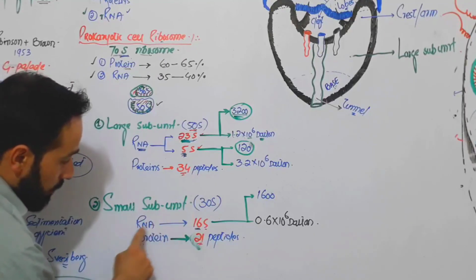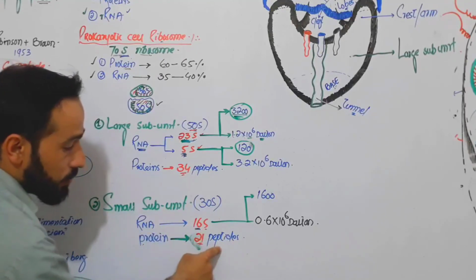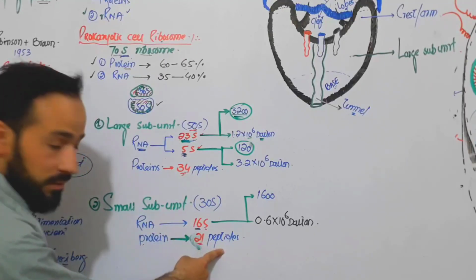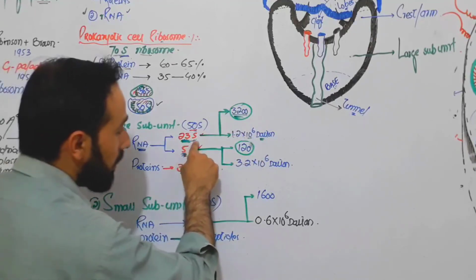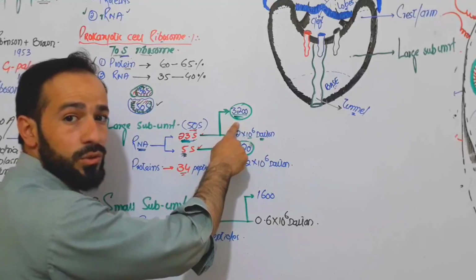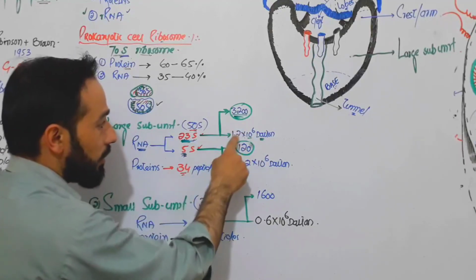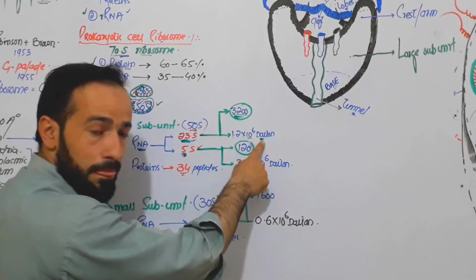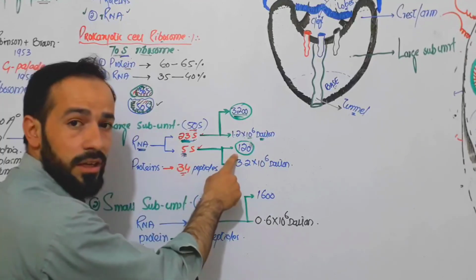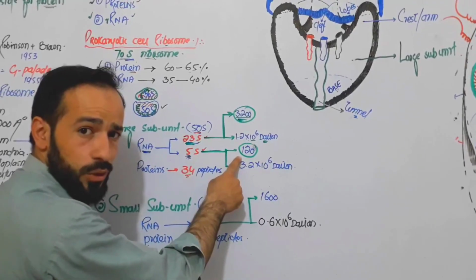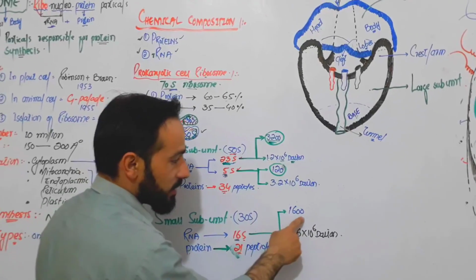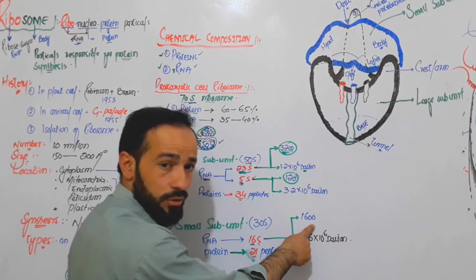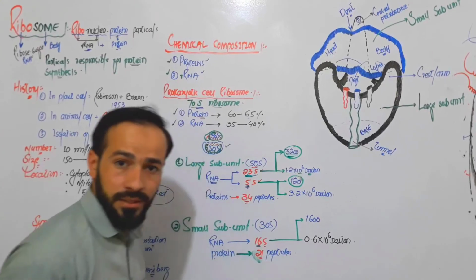In the small subunit, the 16S RNA and 21 peptides are present. And in detail, the 23S RNA contains 3200 nucleotides, and the molecular weight will be this. The 5S RNA contains 120 nucleotides, and this will be the weight. And the 16S RNA contains 1600 nucleotides, and this is the molecular weight.